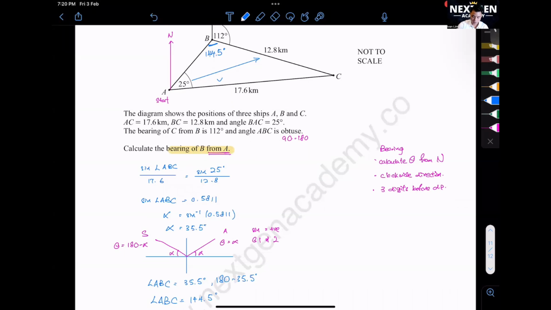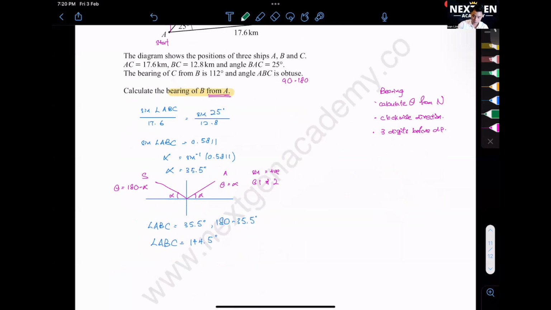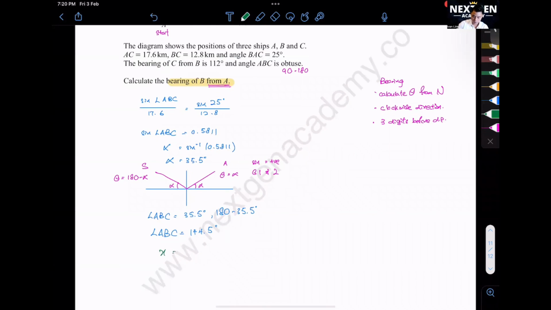Now, can I find this angle here? Let's just call this angle X. The entire thing is 360, so angle X will be 360 minus 112 minus 144.5, which is equal to 103.5 degrees.